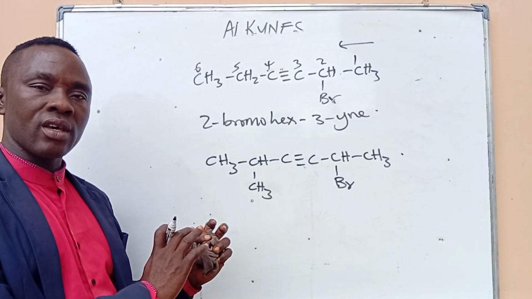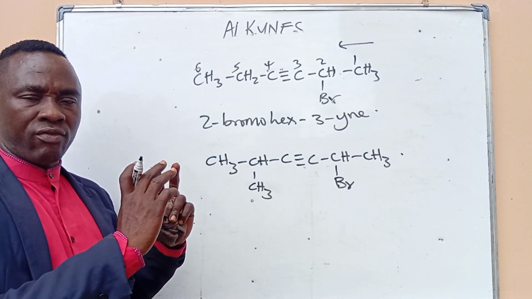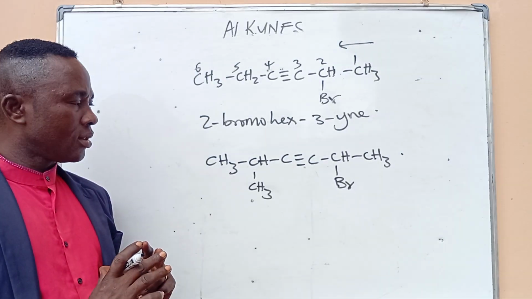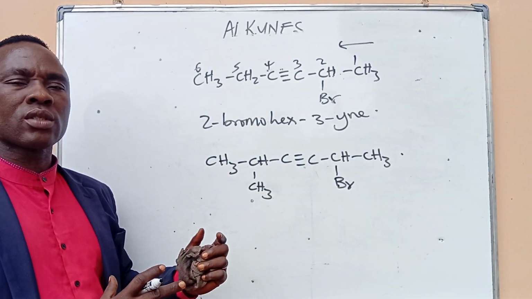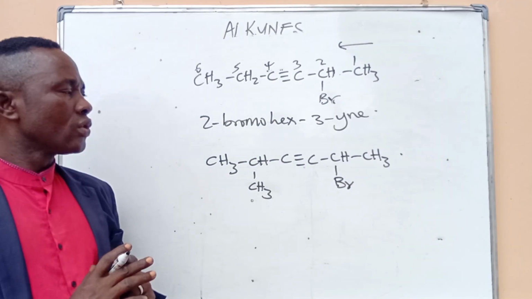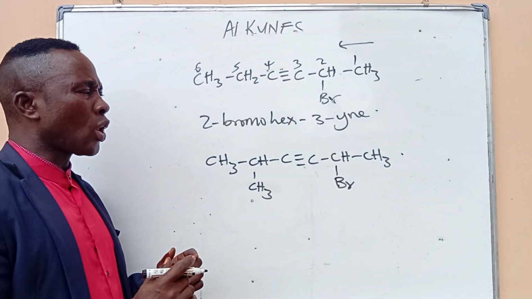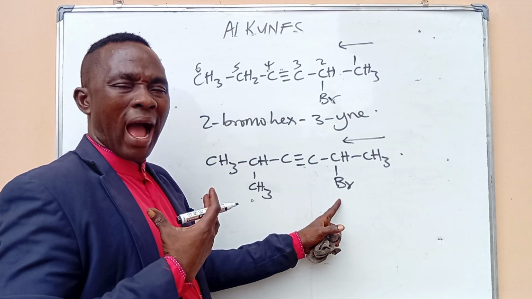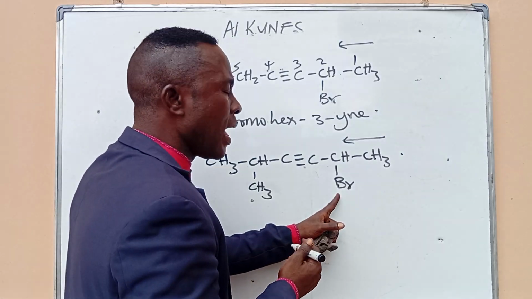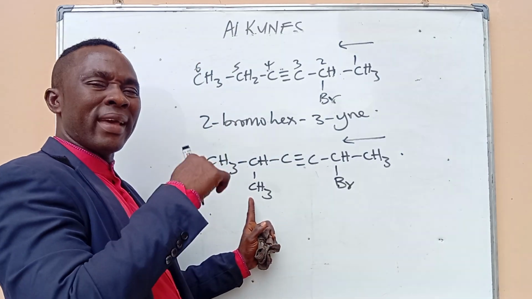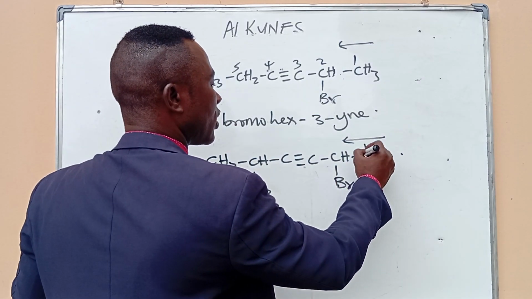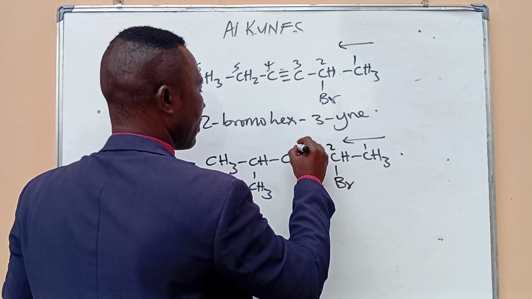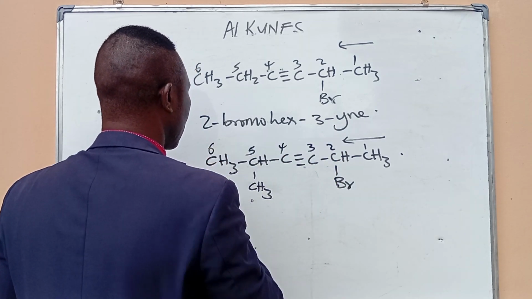So what are we having here? We are having the same position for the triple bond, number 2, and the same position for the substituent. So what do we do? We number from the side that the substituent is of lower alphabet. So we name bromo, B, before methyl, M. So this will be numbered from here 3, 4, 5, and 6.